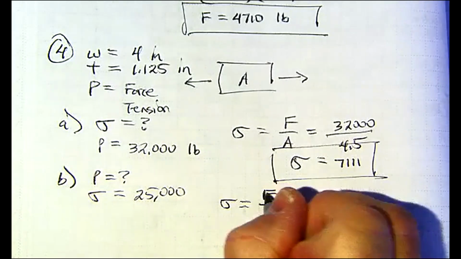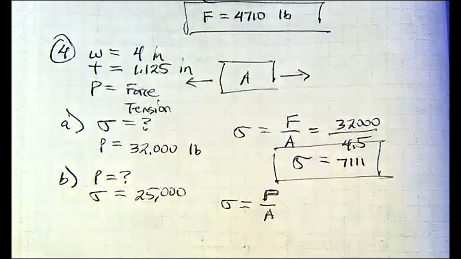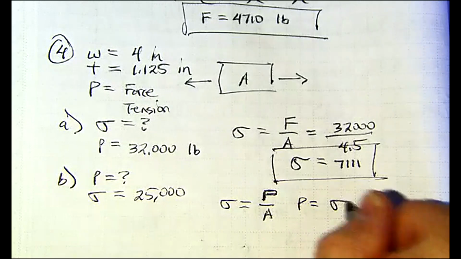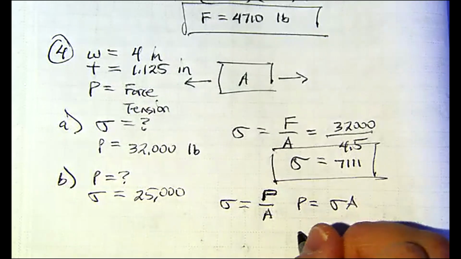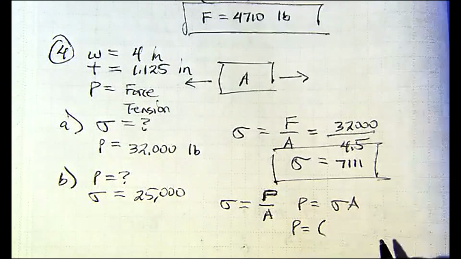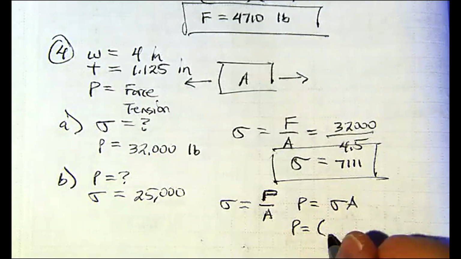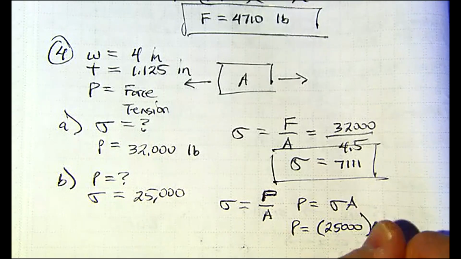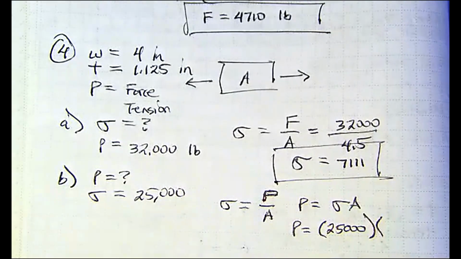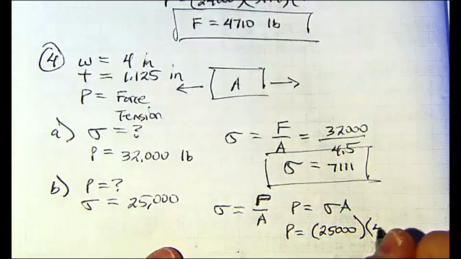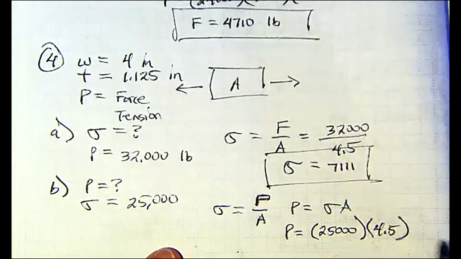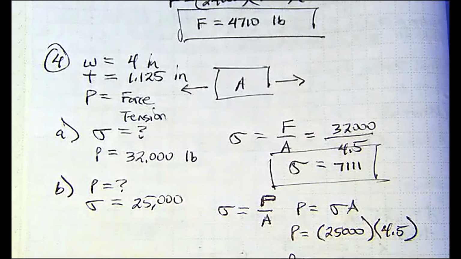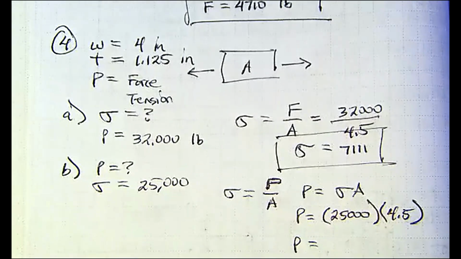So it's actually a P right there. Trying to solve for P. So P equals sigma times A. The sigma has changed. It's not 7111 anymore, this time it's 25,000. The A has not changed. Remember the area was 4.5? And so the answer is going to be whatever those numbers multiplied are.